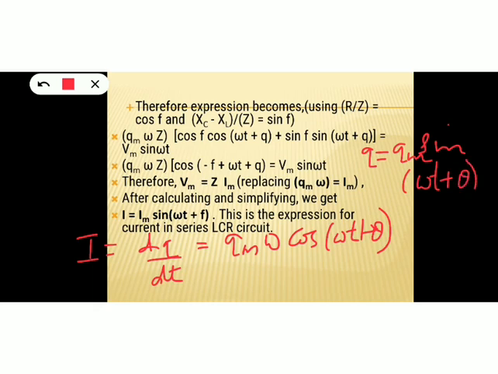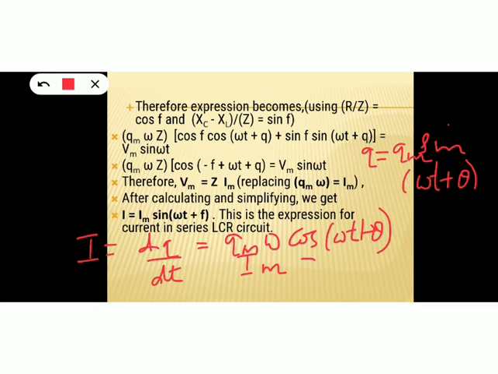Okay, so dq by dt is qm omega cos omega t plus theta, and instead of qm omega we have im.